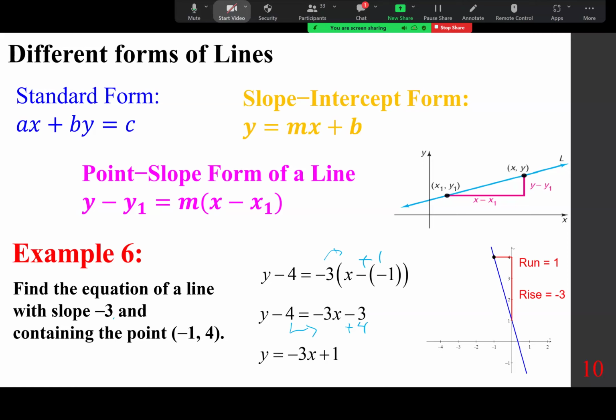By the way, when the slope is an integer, you can write it as negative 3 over 1 or 3 over negative 1 to find another pair. The bottom gets added to the x coordinate, the top gets added to the y coordinate, just as an example. So you see how we come up with the answer. Again, if it's an integer, make it into a fraction if you want to find another pair with that method.